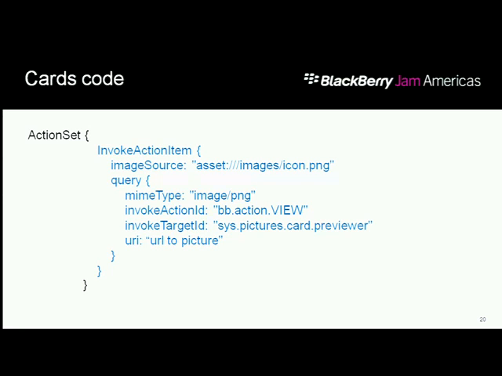And in this case, I specified a specific target ID, so I really know I want to use exactly the pictures.card.previewer. I could just omit this, and the system would try to find one based on the MIME type instead. But in this case, I knew I wanted exactly this previewer. And I also specify a URI to the file I want to send, or I can specify a piece of data I send over.